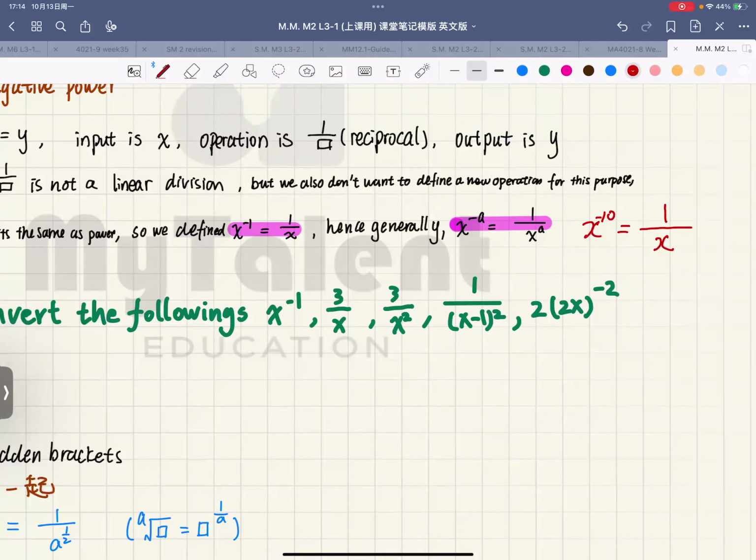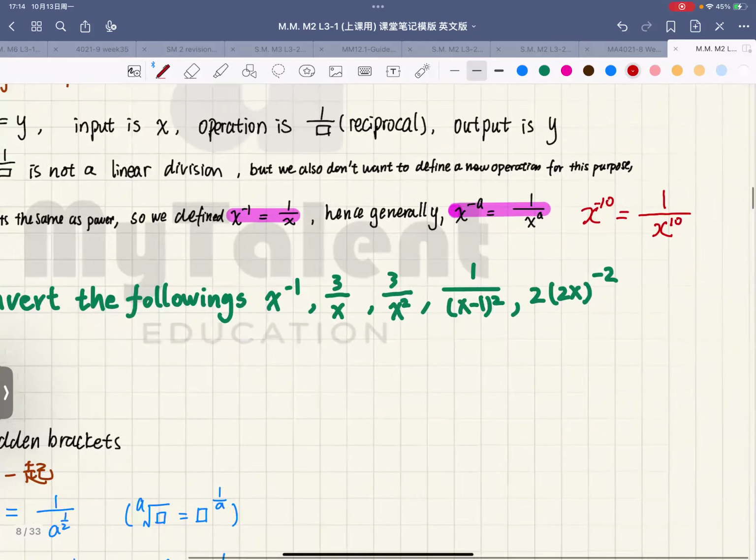Noah, any idea? Look at the equation. X to the power of -a is equal to 1 over x to the power of a. So in this example, what's a equal to? 10, right? So it's equal to 1 over x to the power of 10, good. So basically you just put that 10, remove the negative sign, put the number here, right? All right, that's a quick example.